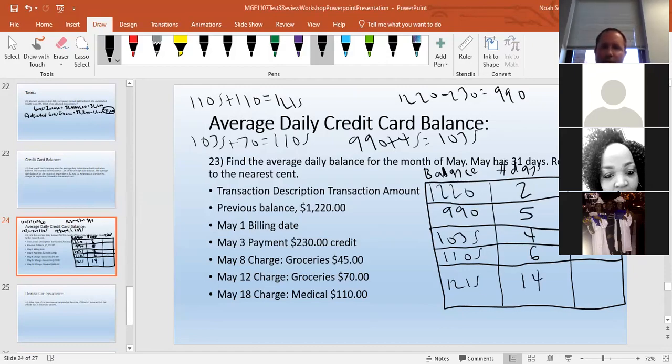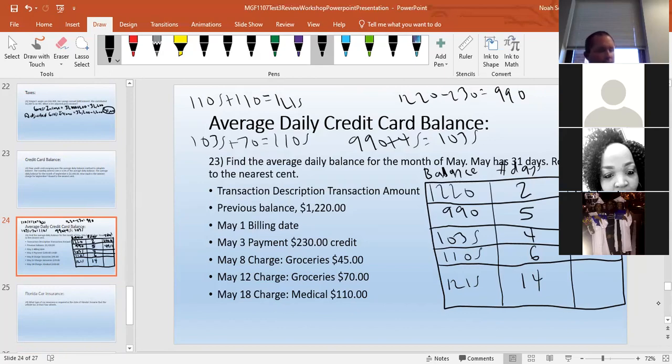And now we have to take our balance and multiply it by the number of days that the balance was that value. So that's where this last column comes in. So we'll go ahead and do that. The first row is 1220 times 2, that's 2440. The second one is 990 times 5, that's 4950.